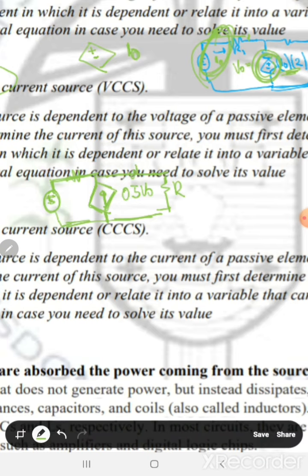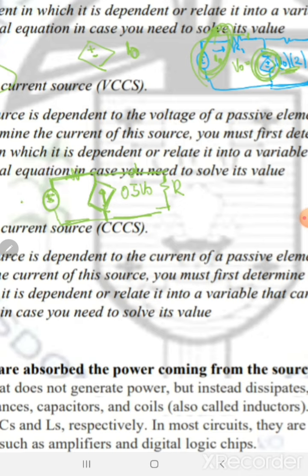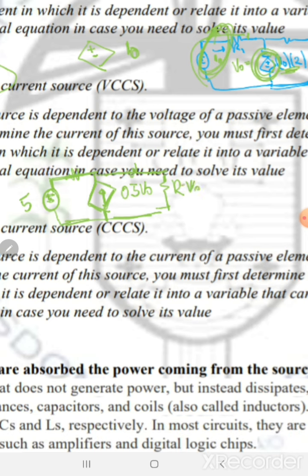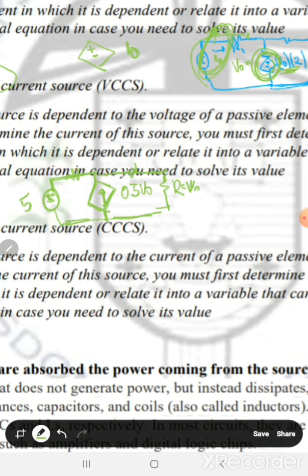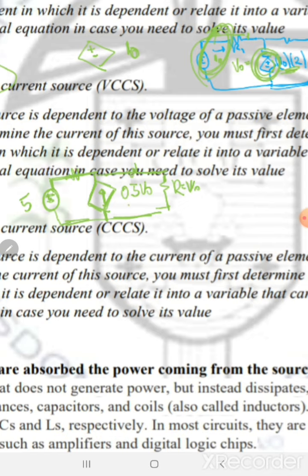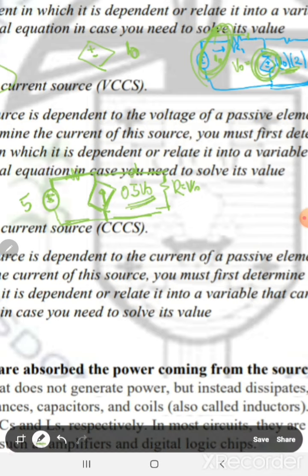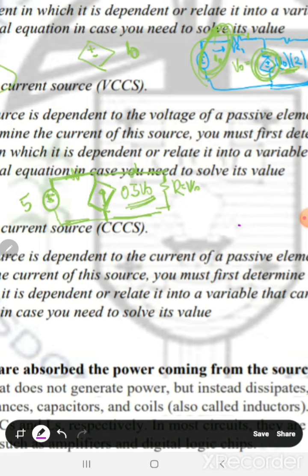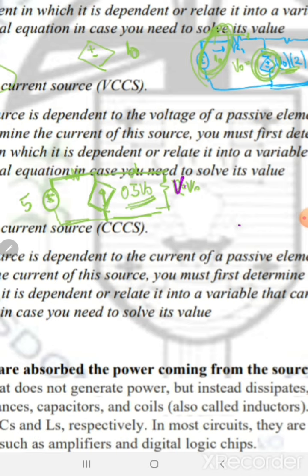Your voltage, let's say 5 volts. So, pag voltage controlled siya, maglalagay tayo ng VO dito, sa kahit anong passive element. So, para makuha mo yung value ng VO dito, first you must solve for the value of VO of your R, which you have indicated a while ago.